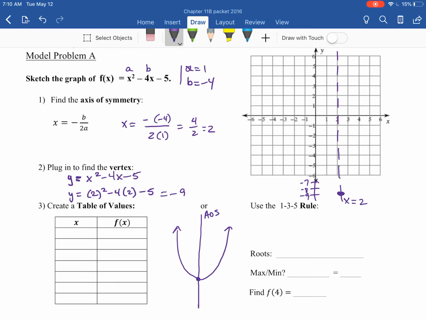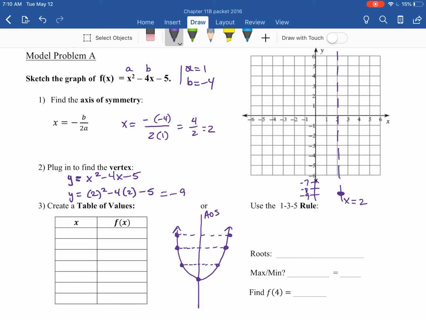And so, besides the vertex, every point on it is going to have a match somewhere else on the graph. See, they're all balanced like this. And so what you're going to see is some repeating y's. Okay, so let's go to the calculator so we can see this. Okay, so that is, where's my calculator here?